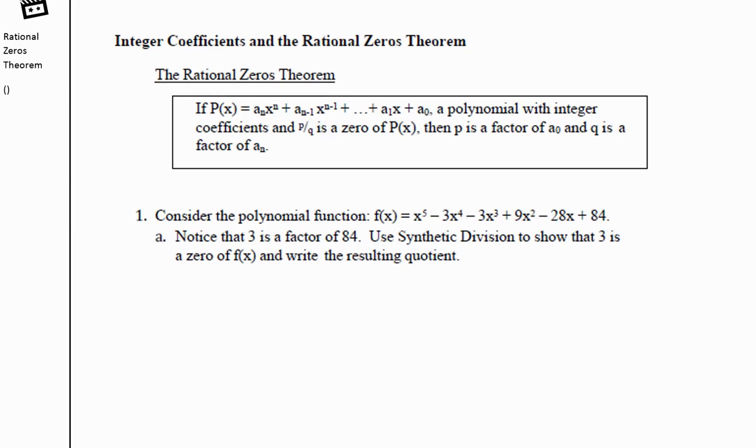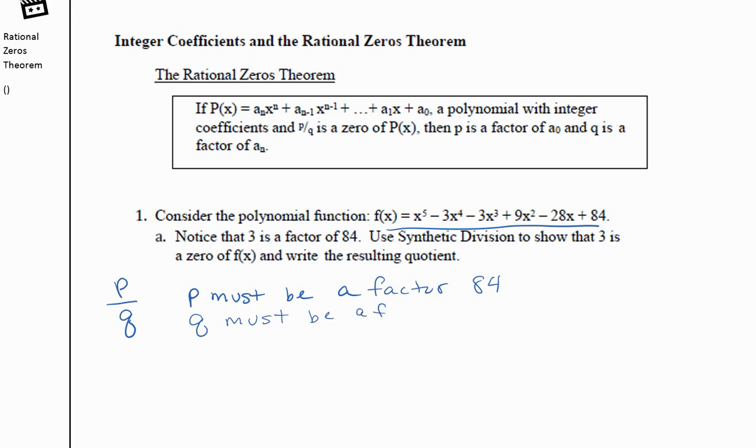If we want to find the zeros of x to the fifth minus 3x to the fourth minus 3x cubed plus 9x squared minus 28x plus 84, so if we have zeros of the form p over q, p must be a divisor or a factor of our constant 84, and q must be a factor of our leading coefficient, which is 1, and the only ones there are positive or negative 1.